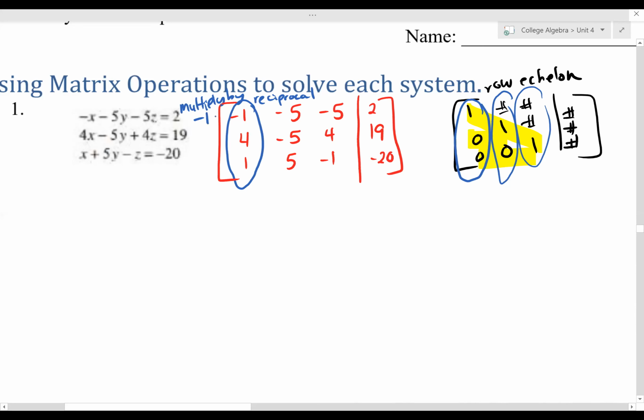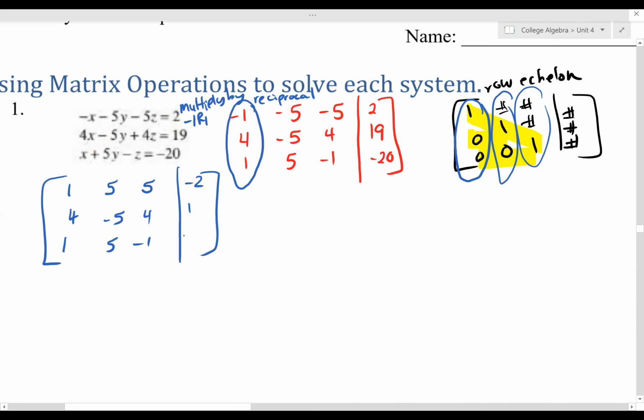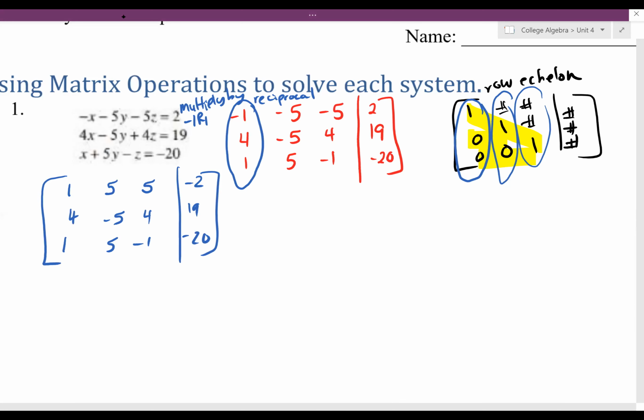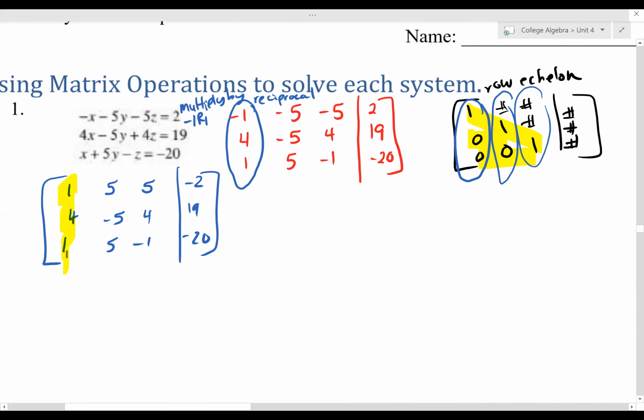And so if I multiply straight across, I'm just going to say that my row operation is -1 times row 1. So my new matrix would be on the top row, +1, +5, +5, -2. And I'm going to copy down row 2 and row 3 because I'm not changing those yet. Okay. All right, so I fixed that top left position.